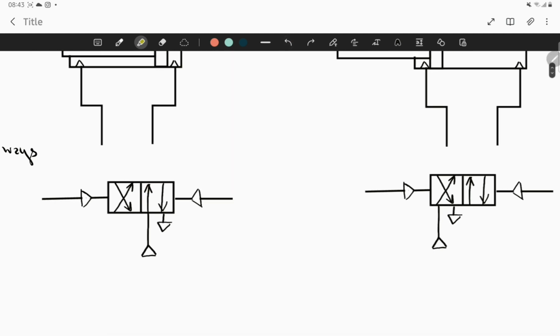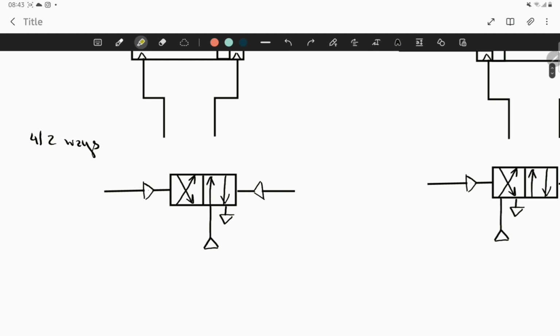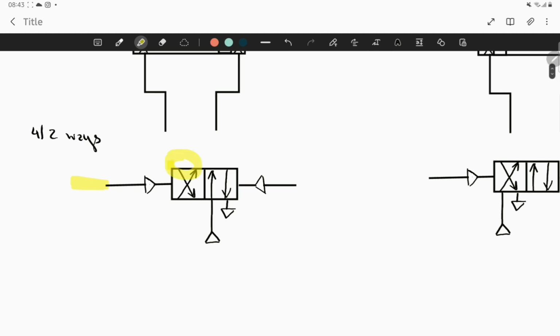But when you commute the valve, to use this other side of it, you have to receive pressure here, and then it stays using this side of the shift. Basically, if you receive pressure here, you use this side, and if you receive pressure here, you use this side.